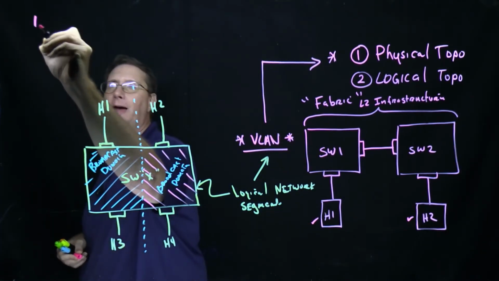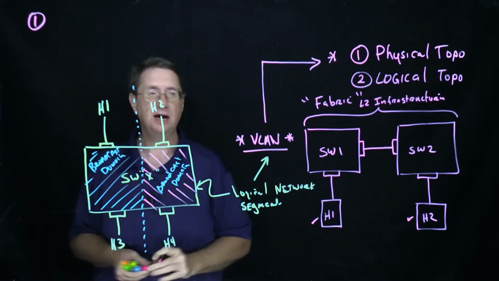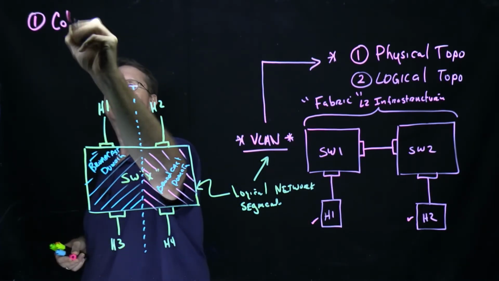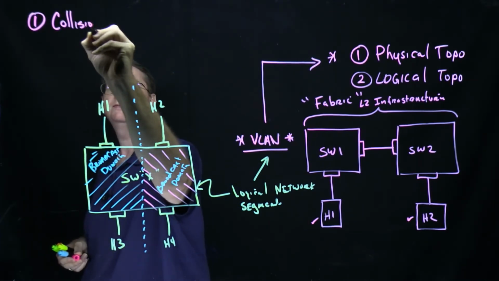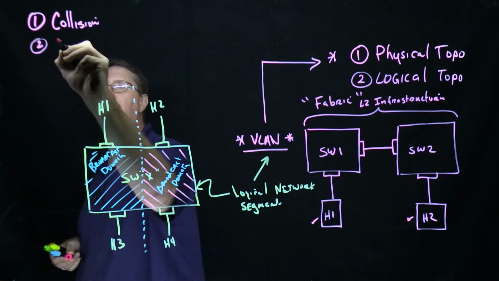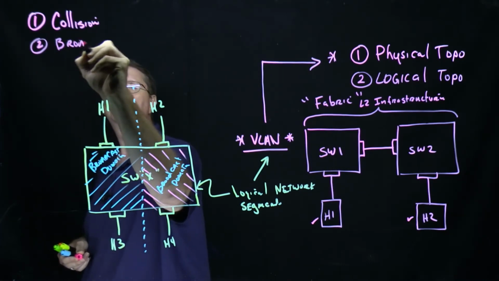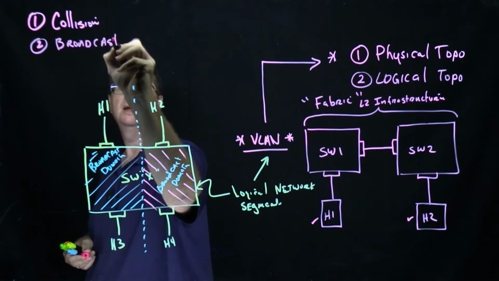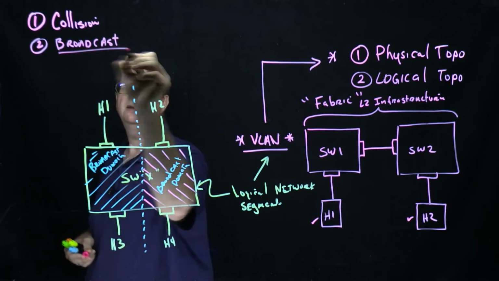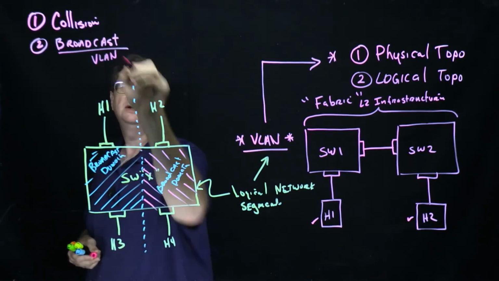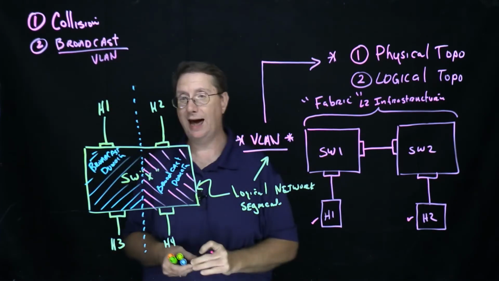The first, and probably the most significant, is what represents a collision domain and what represents a broadcast domain. We said that we use VLANs to isolate broadcast domains.